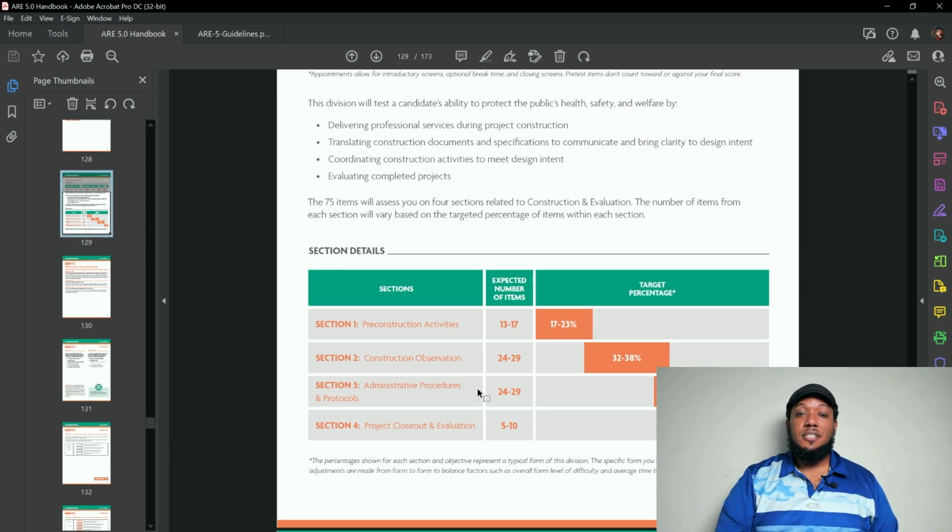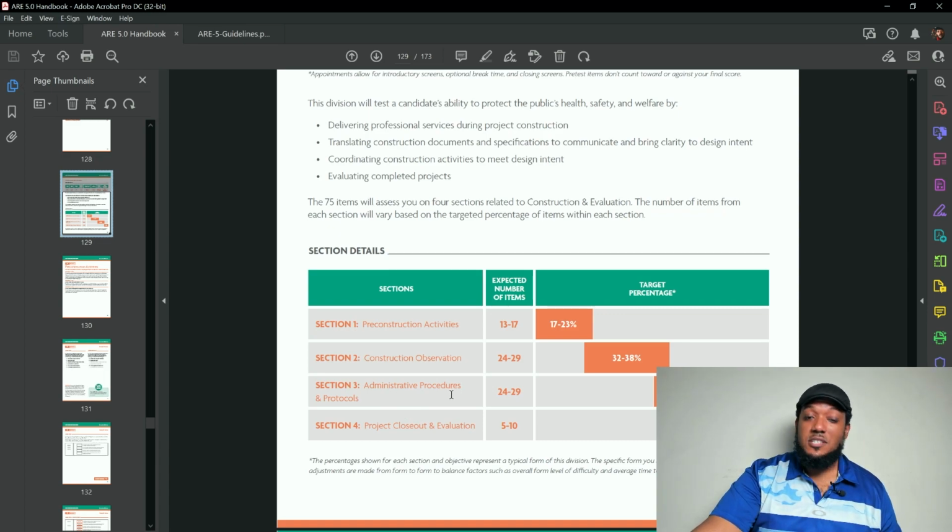The contractor has said, we're going to build this project with this much money, we're going to do it this way. What happens when there's an issue? You're going to be going according to those contract documents, and that's why when we go into administrative procedures and protocols, you are really the first decision maker as the architect, the licensed architect.